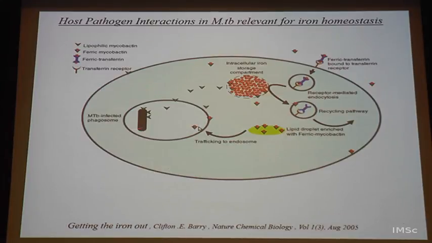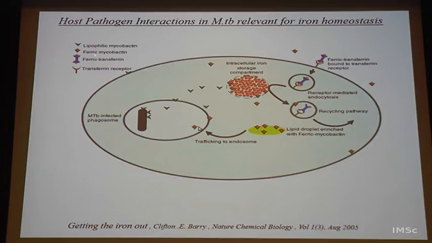So, it is somewhat like this: an MTB infected phagosome, because there are processes such as trafficking to endosome. This is happening within the host cell, intracellular ion storage compartment, and there is this ferric transferrin bound to transferrin receptor, and some are sent to other cells and so on. And this receptor mediated endocytosis and recycling pathway, all of these are happening out there.